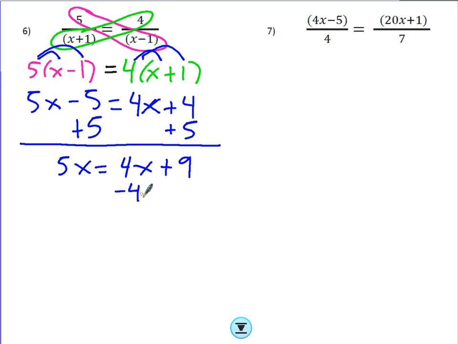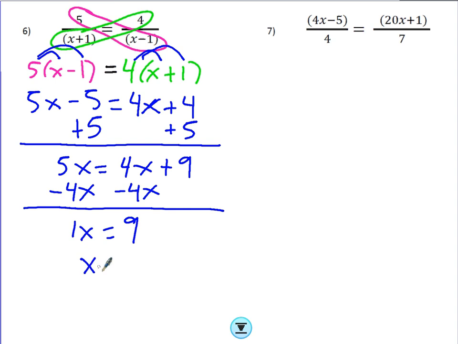And then I'm going to subtract 4x from each side. 5x minus 4x is 1x. And 1x is the same as x, so x is 9. Those cancel here, those cancel here.